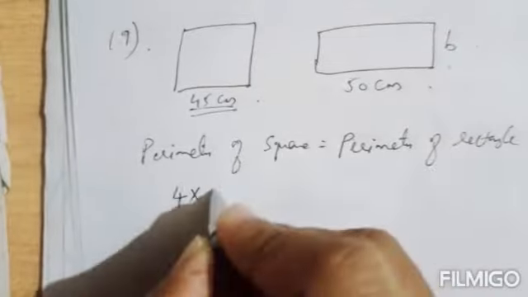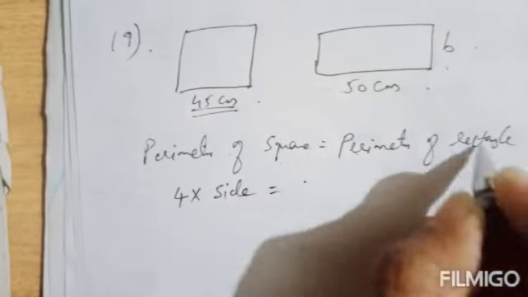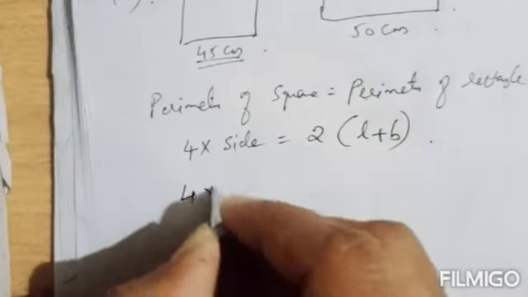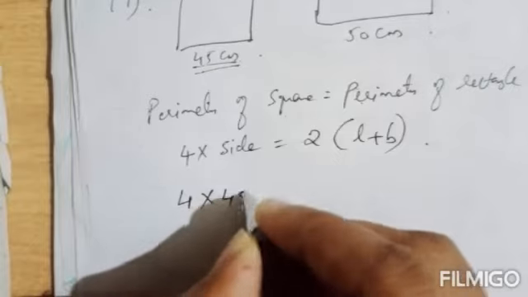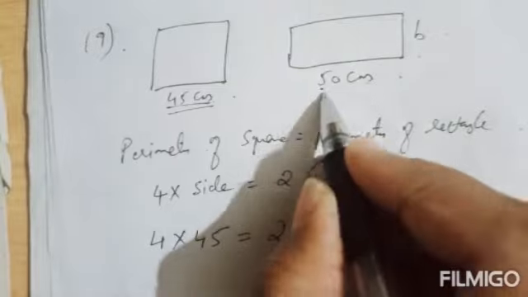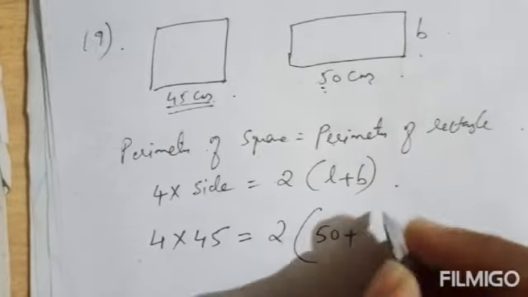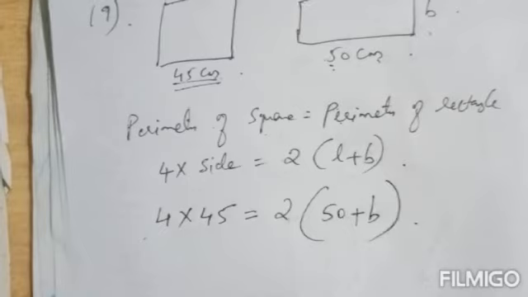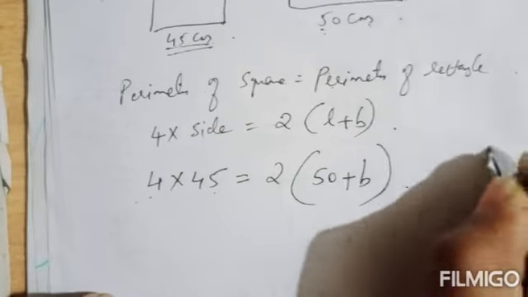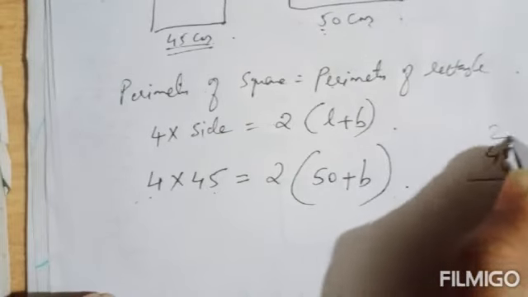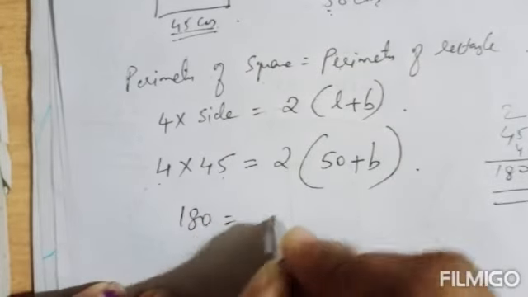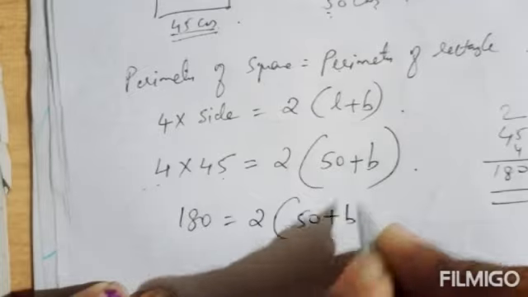Perimeter of rectangle is 2 into L plus B. So 4 into 45 equal to 2 into length, given 50 centimeter, plus breadth, which we don't know. We have to find that. Just substitute all the values. Now 4 into 45, just find the answer. 180. So 180 equal to 2 into 50 plus B.